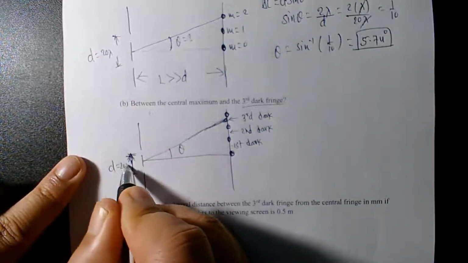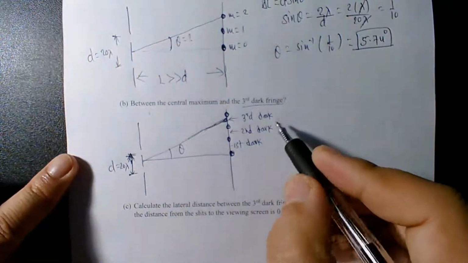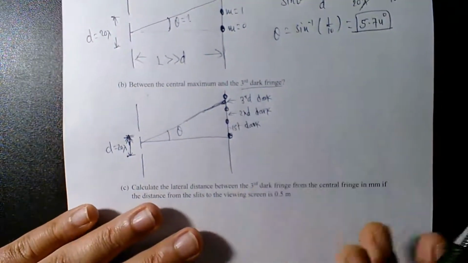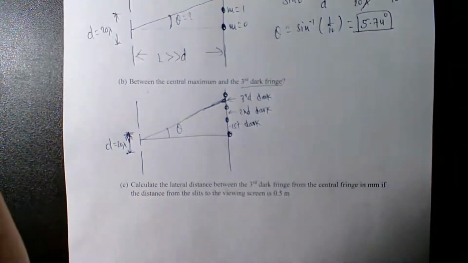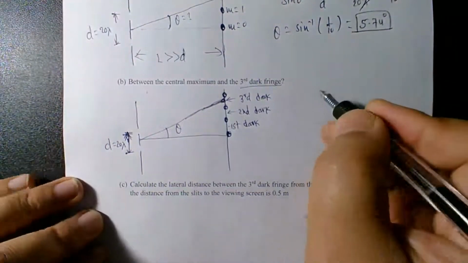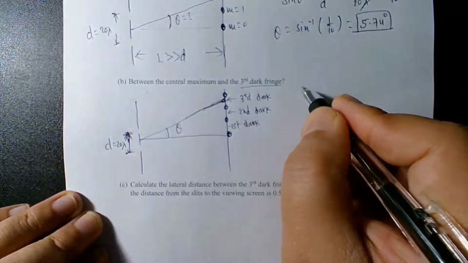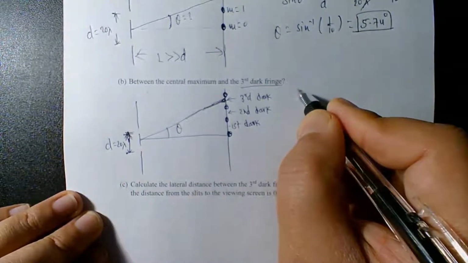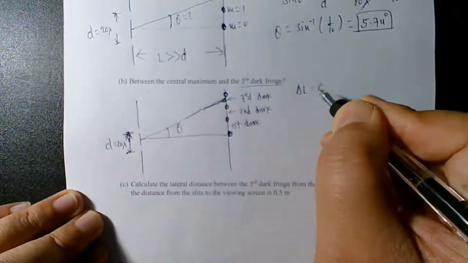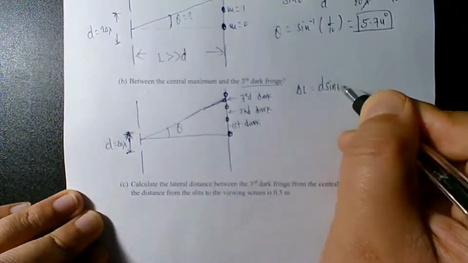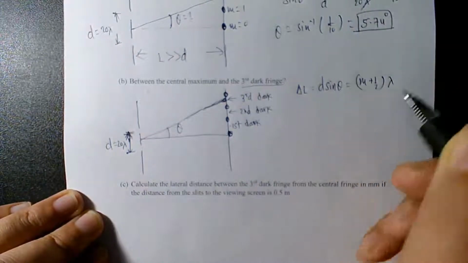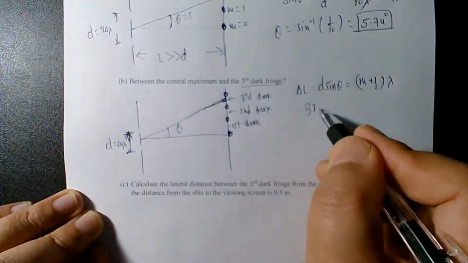This is the same double slit, D is 20 lambda. Since we are measuring the angle of the third dark fringe from the central line, we use the dark fringe condition, that means the destructive interference condition. The path difference between the two light waves has to follow this relationship: D sine theta equals m plus 1/2 lambda.